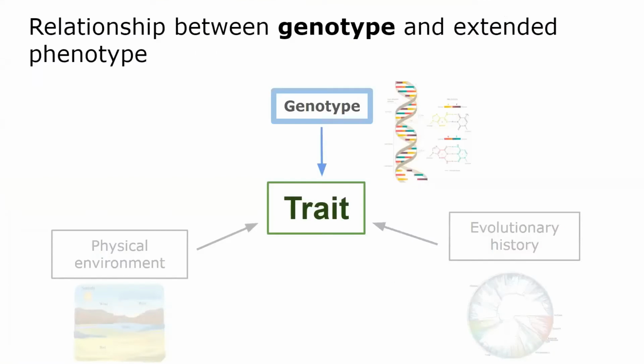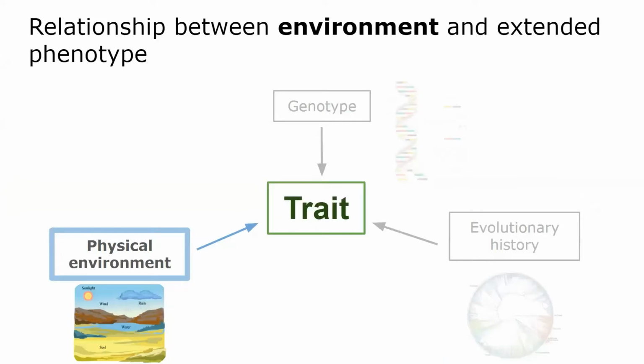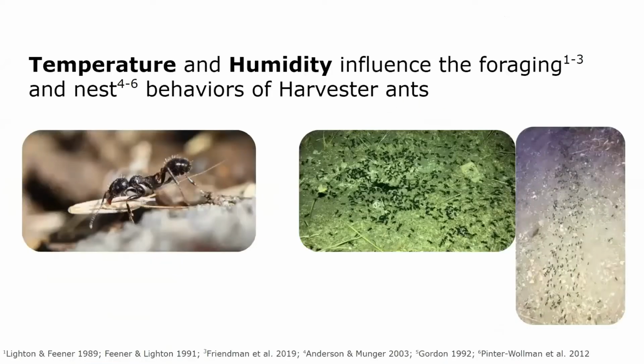To look at the relationship between genotype and an extended phenotype, we compared ant nests among different colonies of the same species. And lastly, to look at the relationship between environment and the extended phenotype, we looked at temperature and humidity because these two environmental factors influence the foraging and nest behaviors of harvester ants.